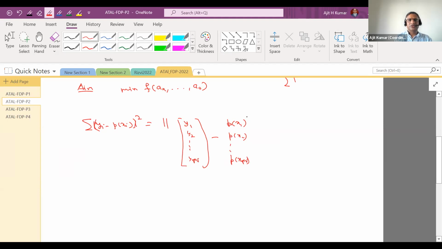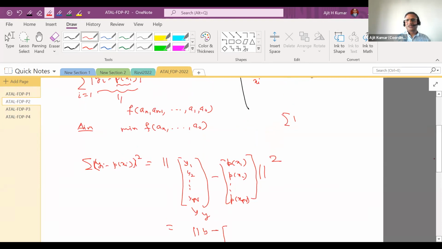Is that clear? So this minus this, and the norm of this squared. Let us call this y, so I can write this as y minus this vector p(x1), p(x2), p(xN). What will be the first row of that?